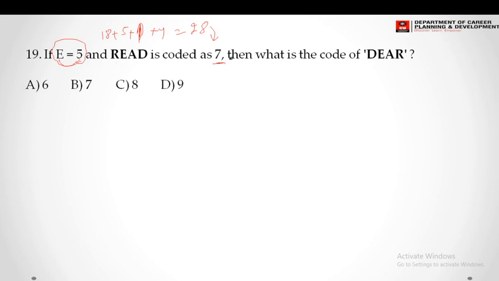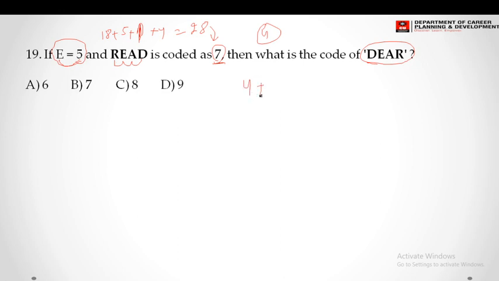So 28 divided by 4. So why are they using 4? You can find from this logic, because these contain 4 alphabets. So sometimes you can find the answer from this solution, how they are using 7. So the sum 28 divided by 4 is from the average, so 7. Now you have to apply the same concept in this word.